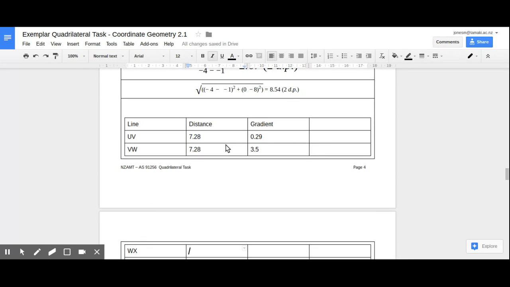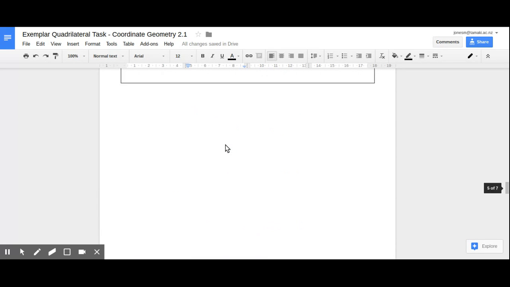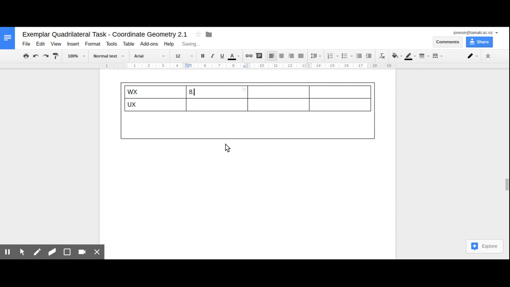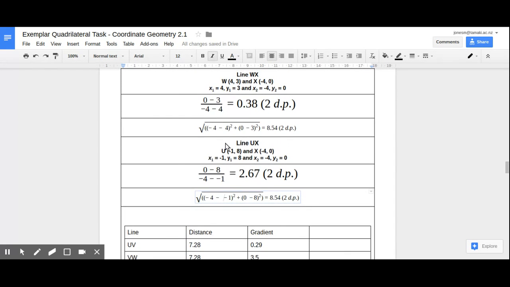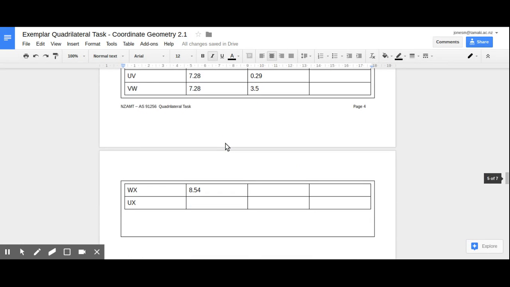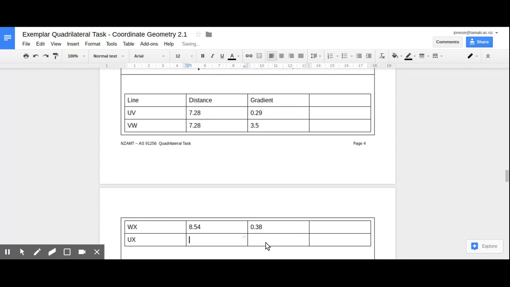Right, now the distance of WX was 8.54, and then the gradient was 0.38. And now finally the distance of UX was 8.54 as well, and the gradient was 2.67. All of these are rounded to 2dp as well.